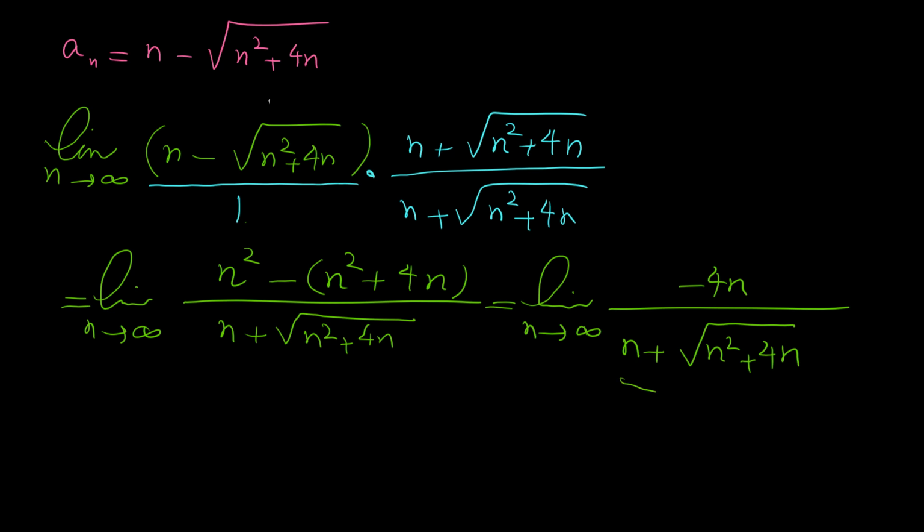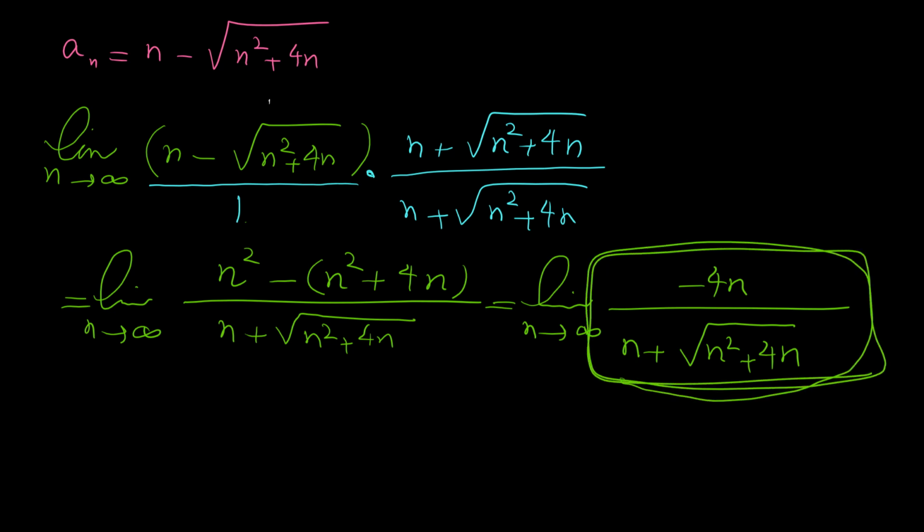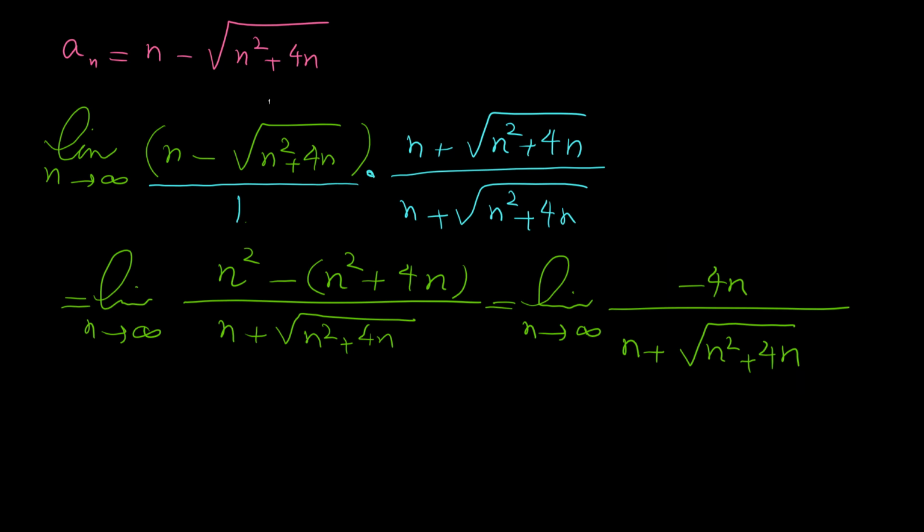Now for finding the limit of this expression here, I will show you two different methods. One method is a little easier and faster, which you can use. In this method, we only consider the terms that are significant in the numerator and denominator.